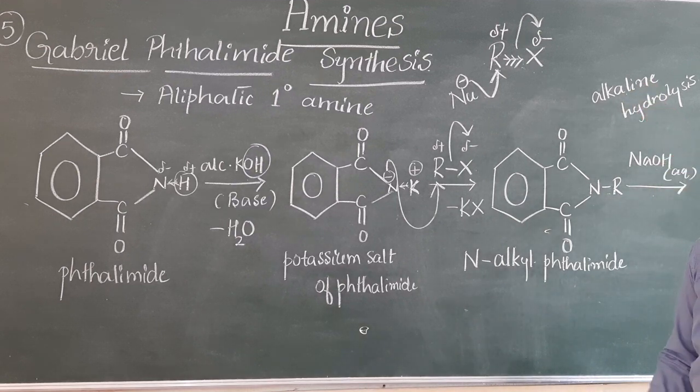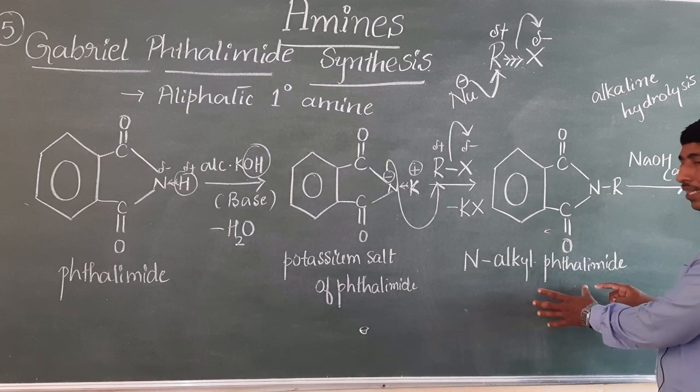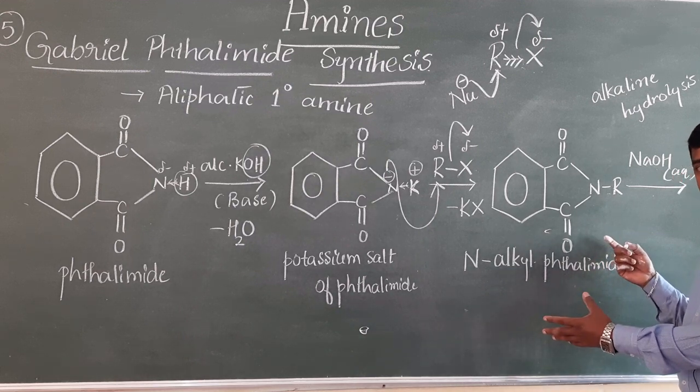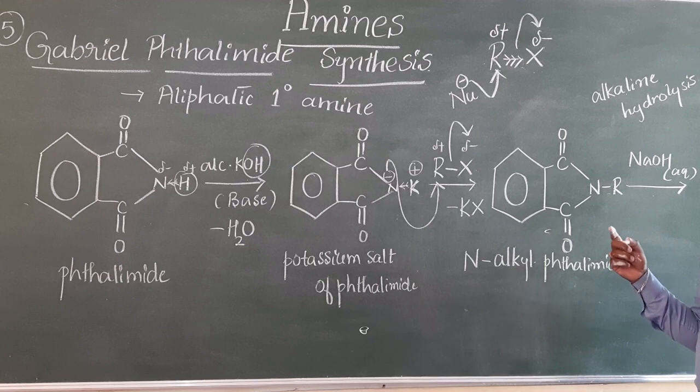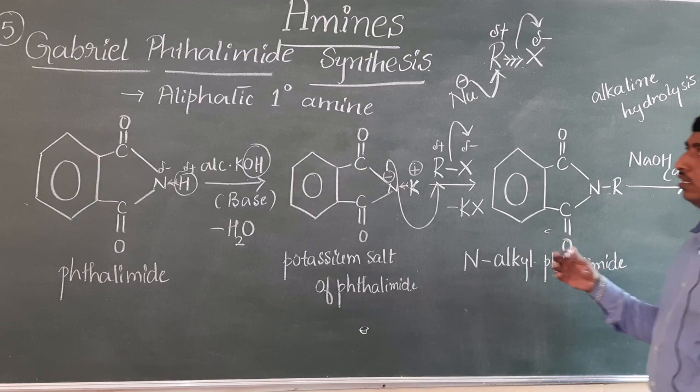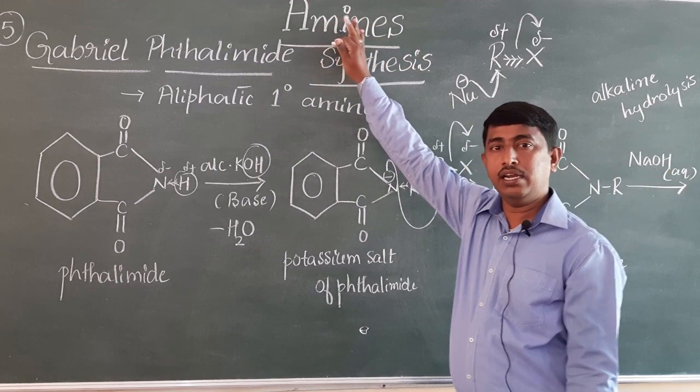What is hydrolysis? Decomposing a compound, or breaking a compound, by adding a water molecule. So N-alkyl thalamide is decomposed by adding water, and after the decomposition we get an amine.